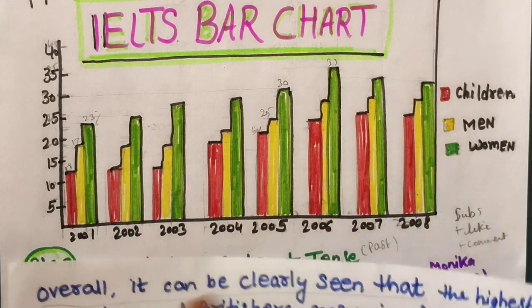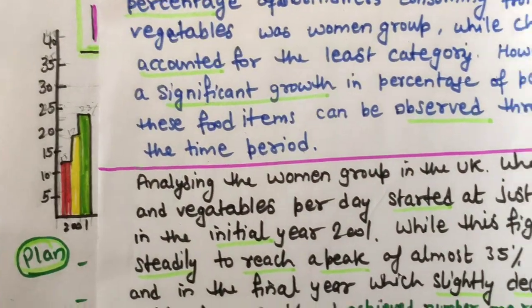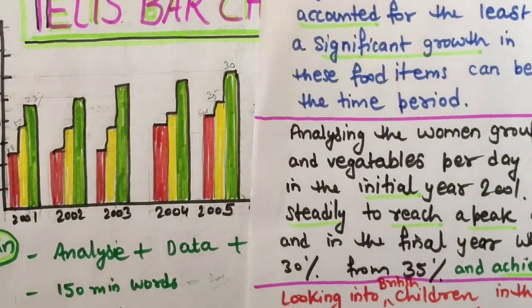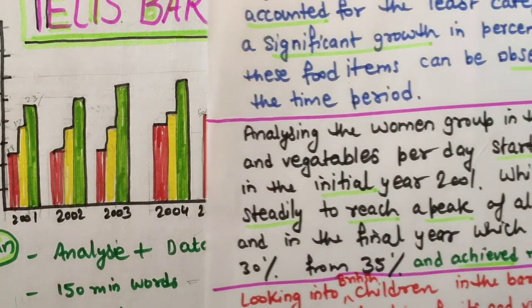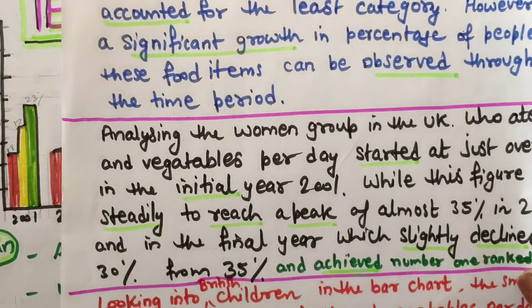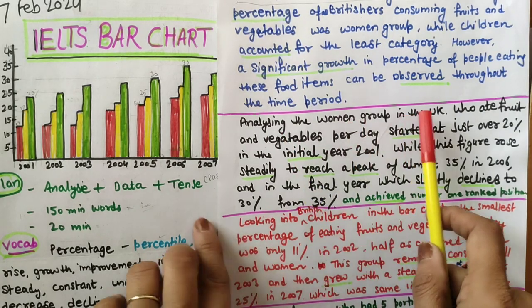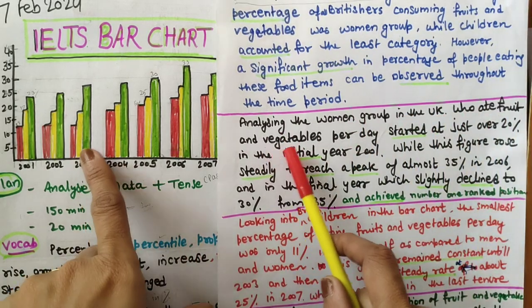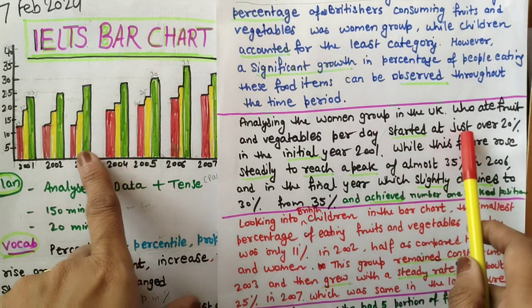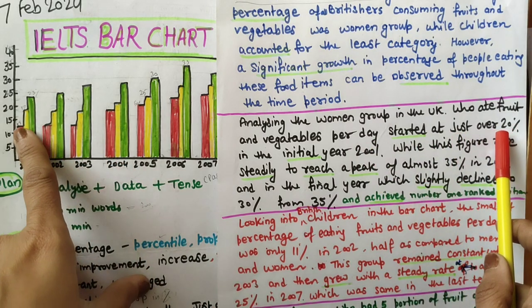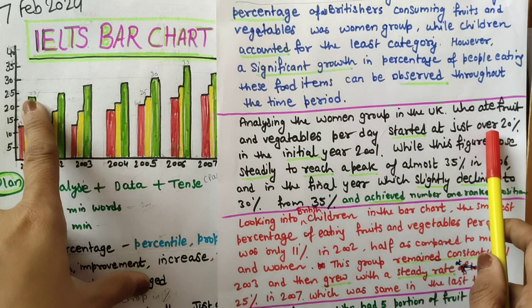First we will talk about women. So here you can see women. Analyzing the women group in the UK who ate fruits and vegetables per day, it started at just over 20%. See this is 20%.